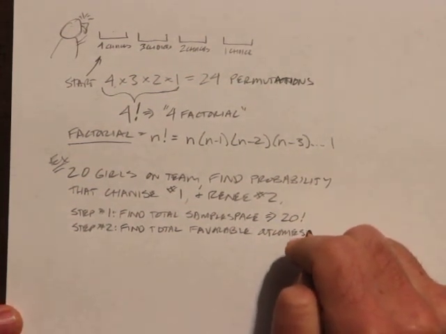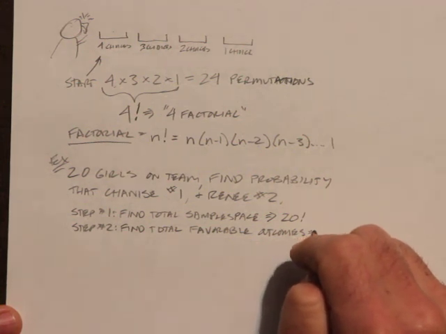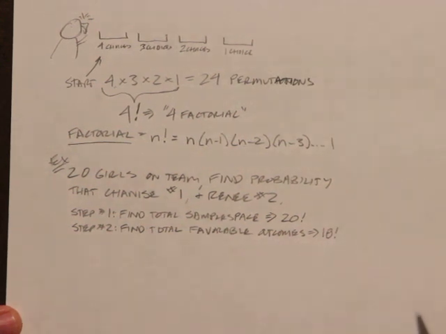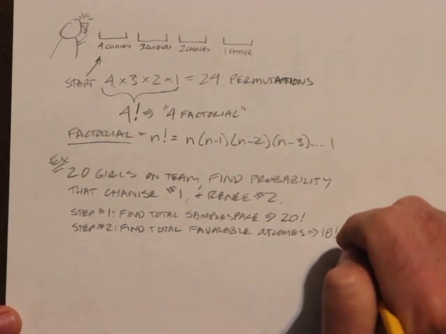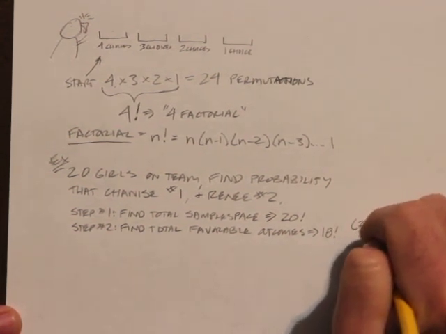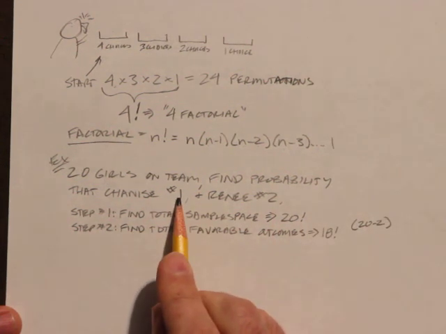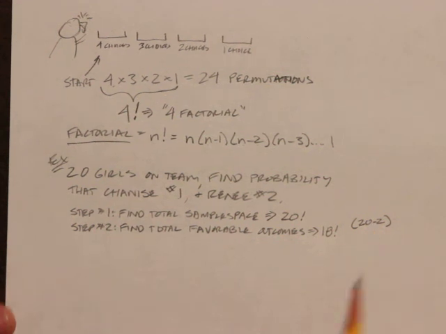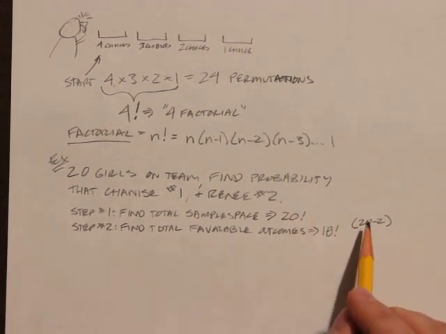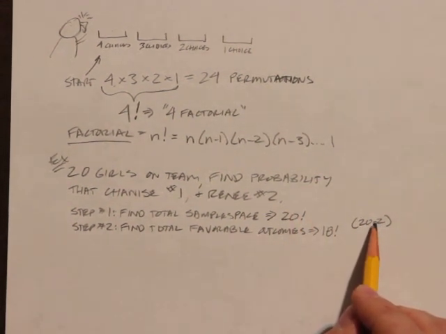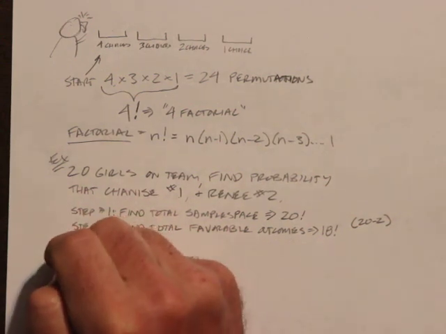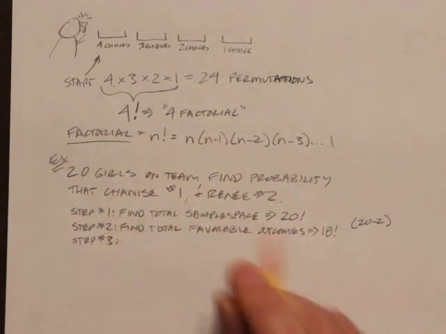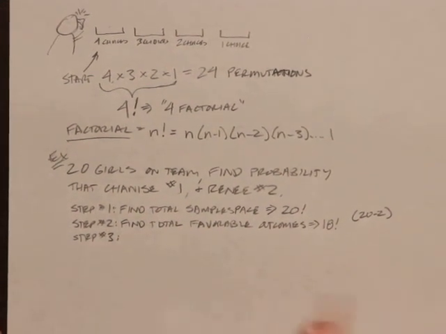The favorable outcomes that we want are going to be 18 factorial. Why would that be? It would just be 20 minus 2. We got this person here, that person there, so there's 18 left. So 20 minus 2. Step 3, calculate the probability.